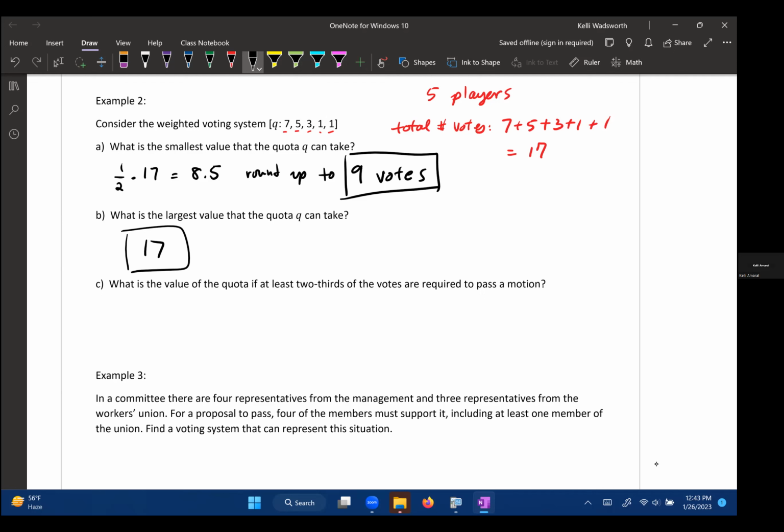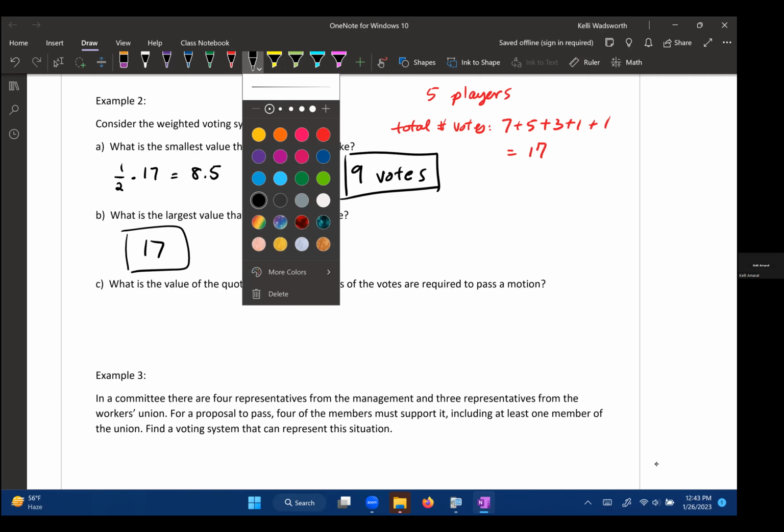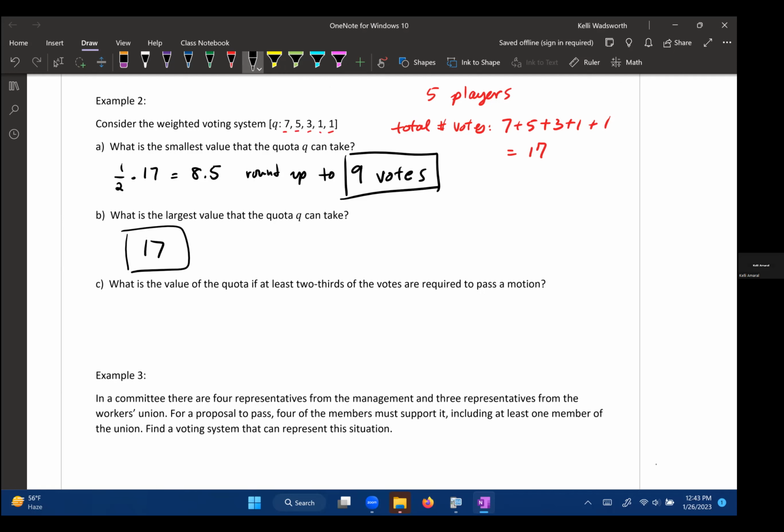All right. Part C, what is the value of the quota if at least 2/3 of the votes are required to pass a motion? Okay, so 2/3. If that sounds familiar, that's because in the United States, if we want to amend the Constitution, the vote has to pass by 2/3.